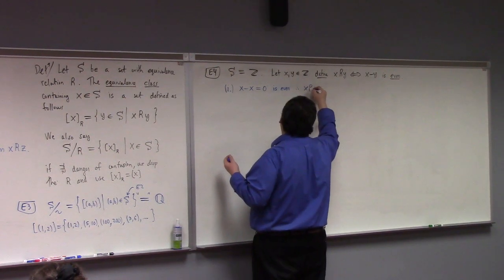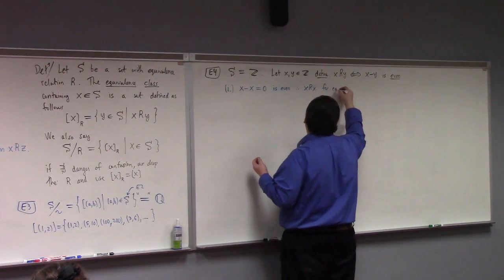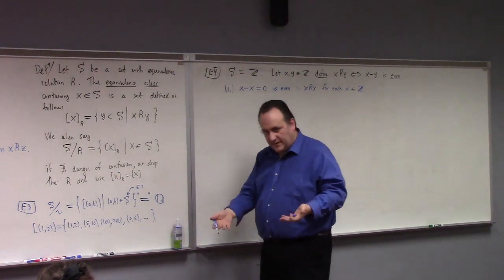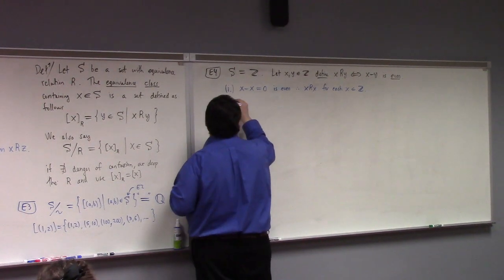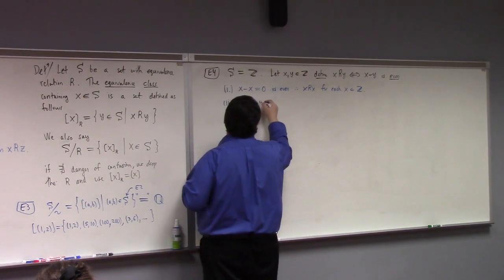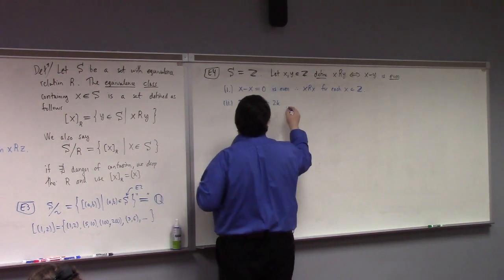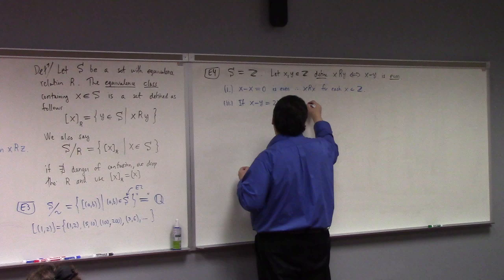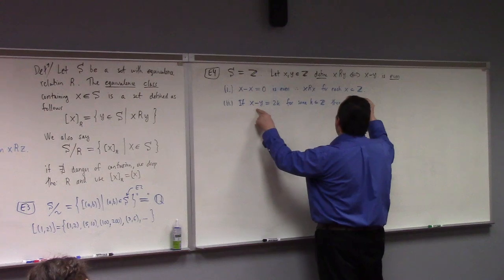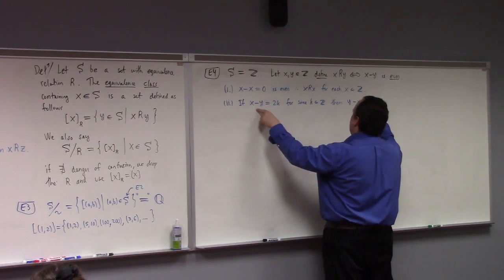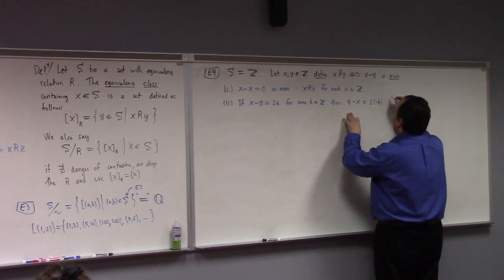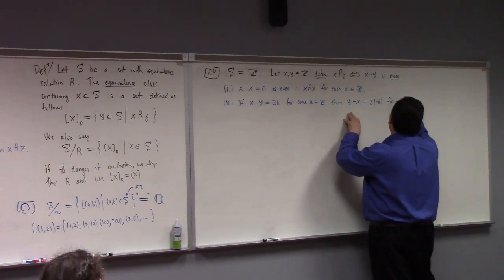Therefore, x is related to x for each integer, so this is reflexive. 2, if x minus y is equal to 2k for some integer k, then y minus x is equal to 2 times minus k, for minus k an integer.